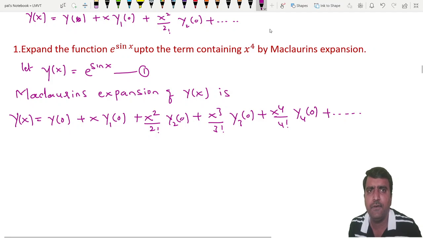This is the expansion of y of x by using Maclaurin's series.